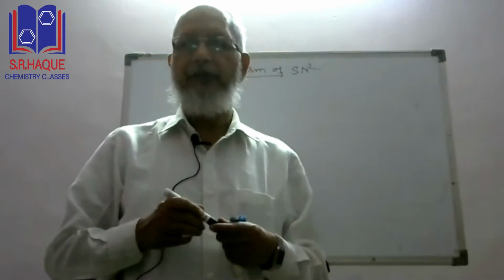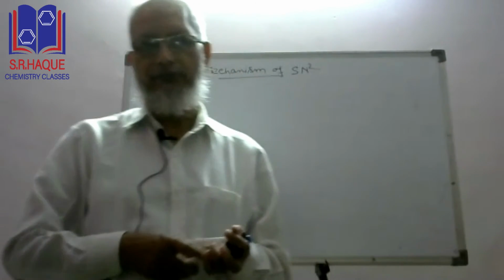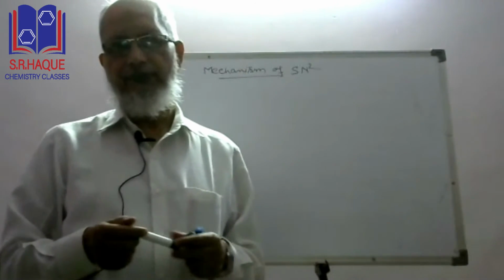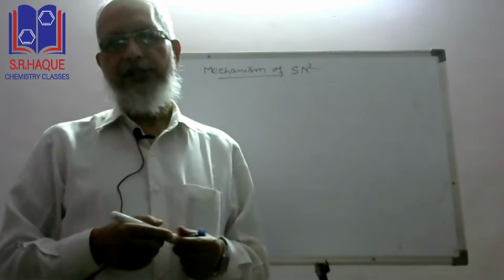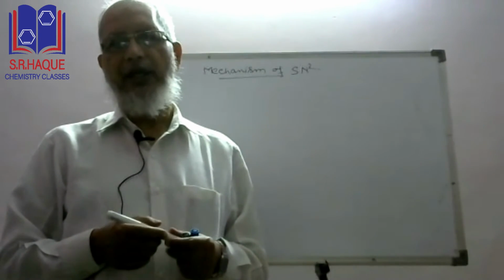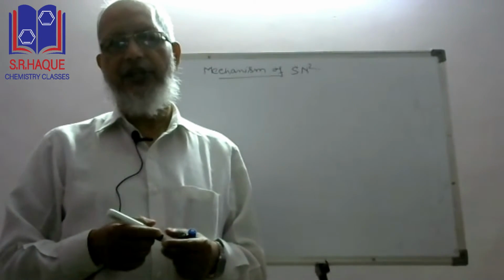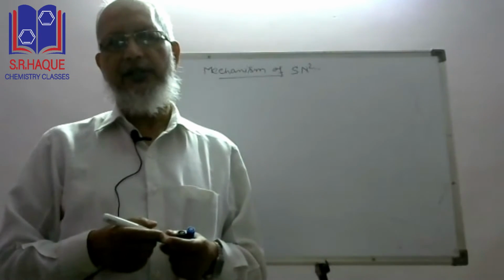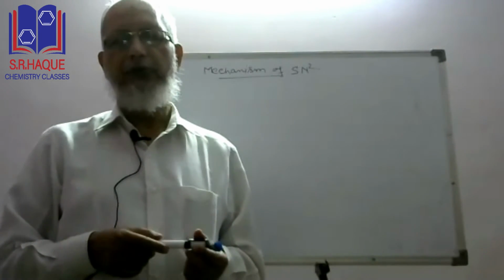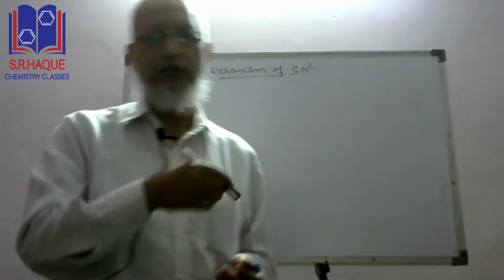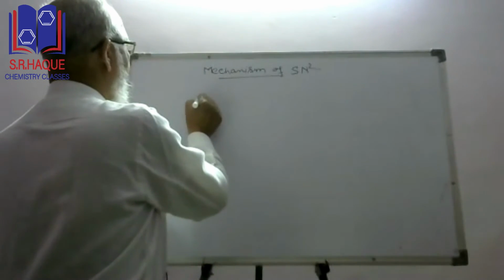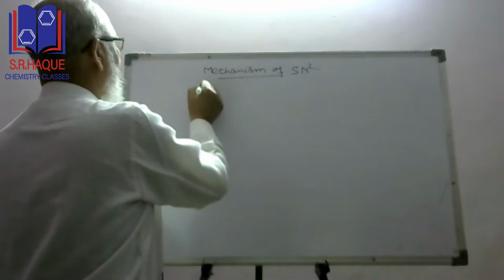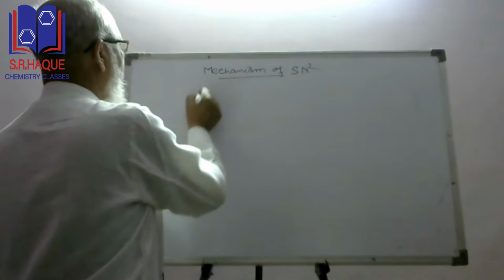Therefore, in the rate determining step, two molecules are involved. The SN2 reaction is easily shown by primary alkyl halides because of less steric hindrance, and this is favored due to the formation of a transition state that I will show you just now. So this is your alkyl halide molecule.